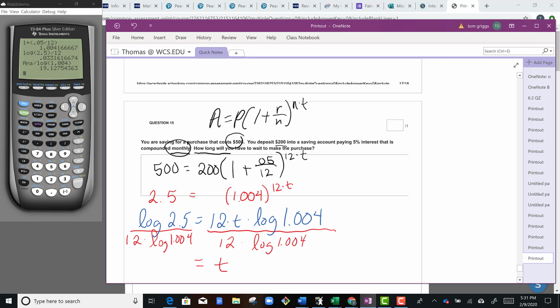So that would be 19.1 months. And again, some would say the answer is actually 20, because at 19 months you don't have that amount, but at 20 full months, you definitely do. But directions say nearest tenth, so that's what we'll do.